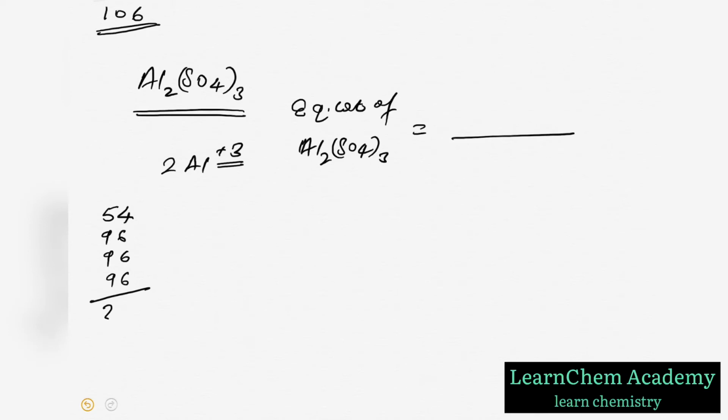We will get here 342 is the molecular weight of Al2(SO4)3. So we can write 342, number of metal ions is 2 and their valency is 3. So we will get here 57. So 57 is the equivalent weight of aluminium sulfate.